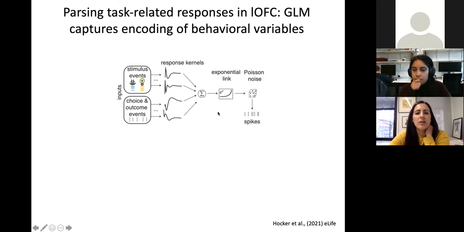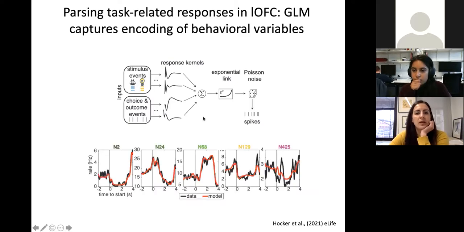The firing rate of the neuron is the exponentiated sum of those response kernels on a single trial, and then we can use a Poisson generation process to get spikes. The GLM does a good job of capturing the average PSTHs of the neurons. These are 5 example neurons shown here. So then we can ask, what do the kernels look like?